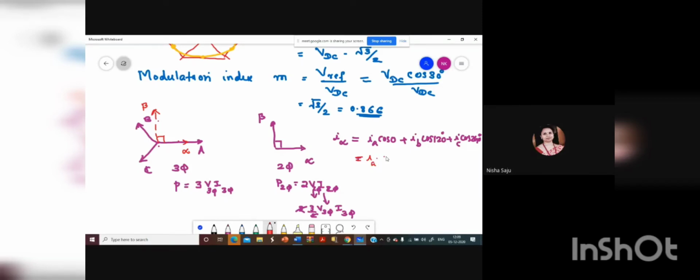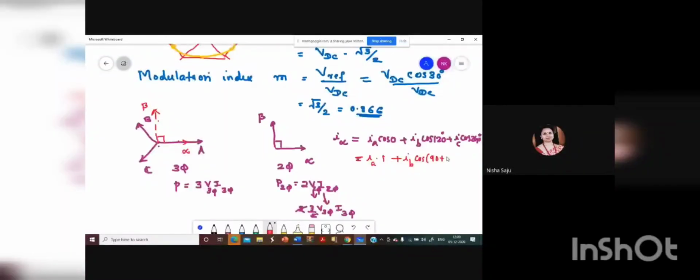What is cos 0? It is 1. Plus IB into cos of 120, which you can write as 90 plus 30, plus IC into cos of 180 plus 60, which is 240. Then how do you get this value?